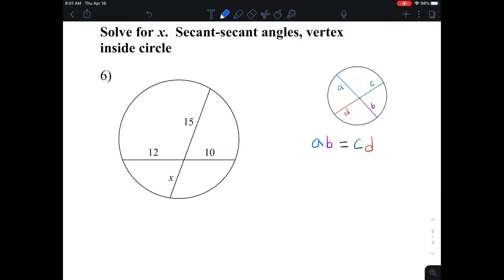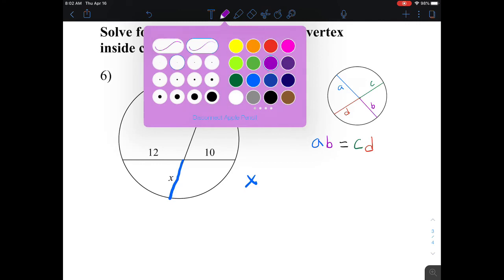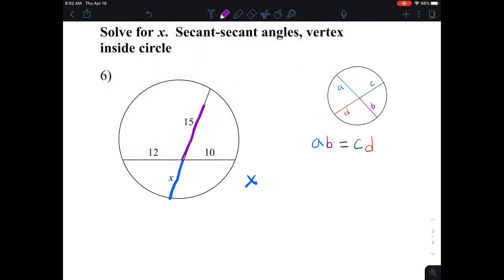Okay, now let's look at two secant lines where the intersection lies inside of the circle. According to our formulas here, we would take the product of the individual segments of the overall line segment and set them equal. So for instance, it'd be x times 15. I try to color code to match the formula.